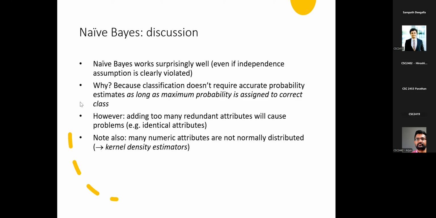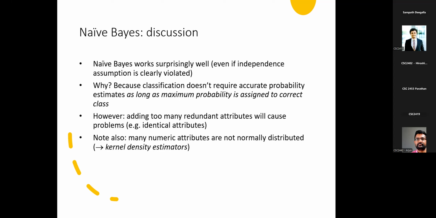So let's finish our discussion on naive Bayes. What I told you in the beginning is that there are a couple of assumptions in naive Bayes. The two assumptions we have discussed are that attributes are equally important and independent of each other. Reality is different, but still we are getting decent accuracy.